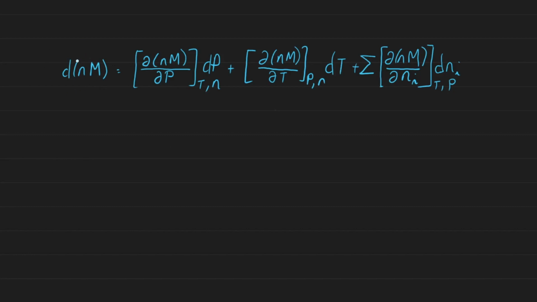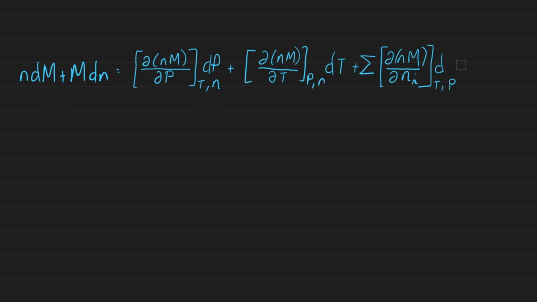Firstly, on the left-hand side of this equation, we're going to expand the left-hand side in terms of the product rule. So d(nM), we can just replace that with n dM plus M dn. Then on the right-hand side, we see this n_i.